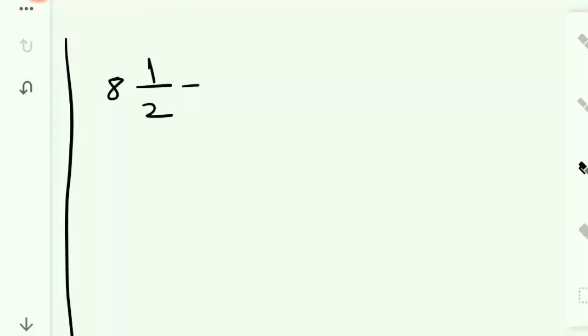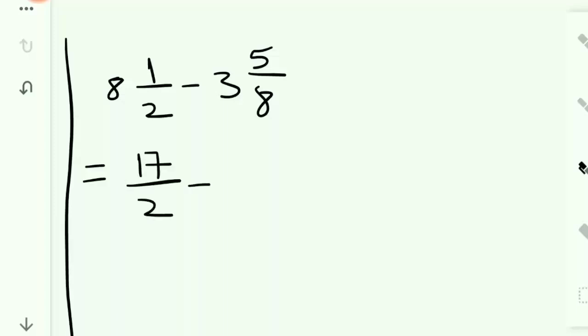Now let's subtract a mixed fraction from another mixed fraction. So 8 1 by 2 minus 3 5 by 8. Again, the way we added mixed fractions, we have to subtract them. So we convert these mixed fractions into improper fractions first. 8 2s are 16 plus 1 is 17 by 2.